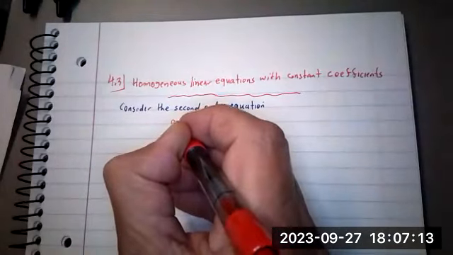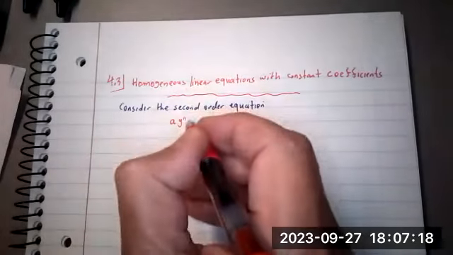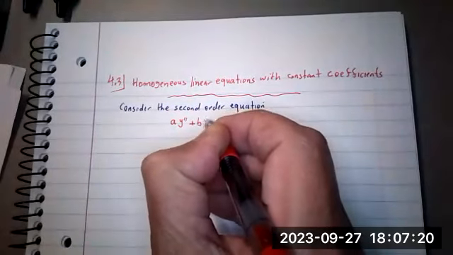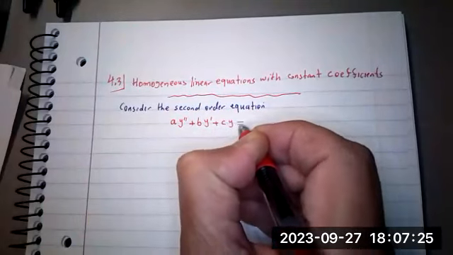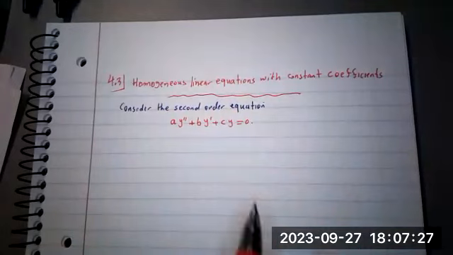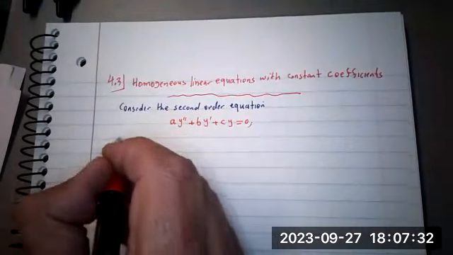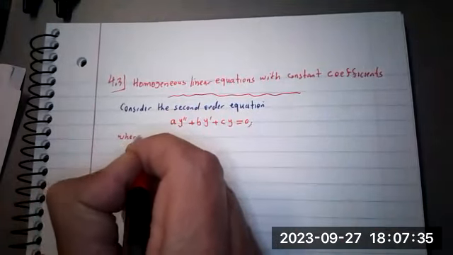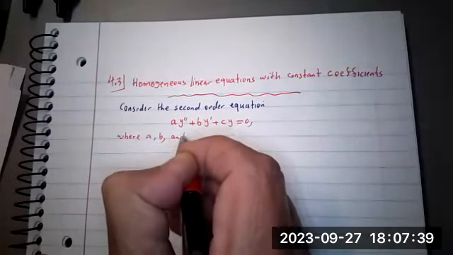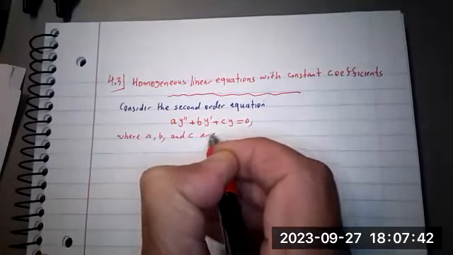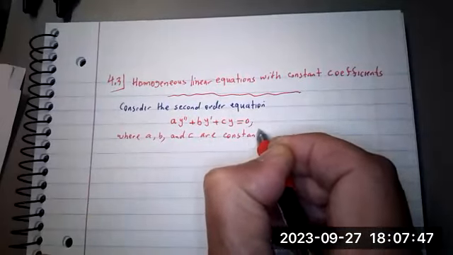A is a number, a y double prime, second order, plus b y prime plus c y equal to 0, where a, b, and c are constant numbers.